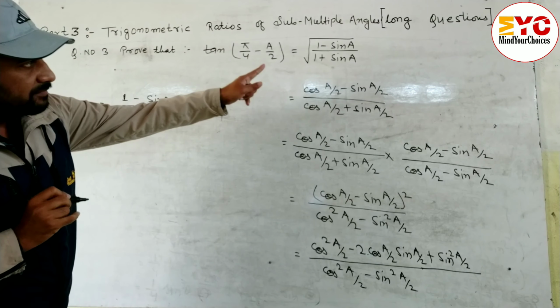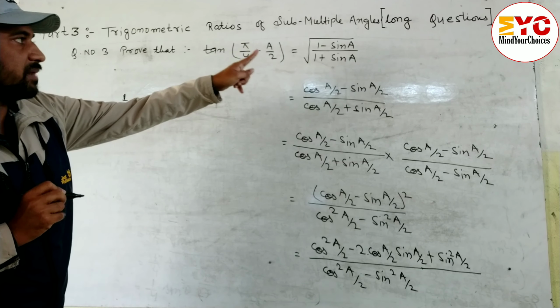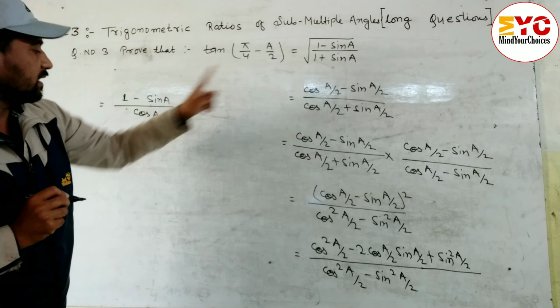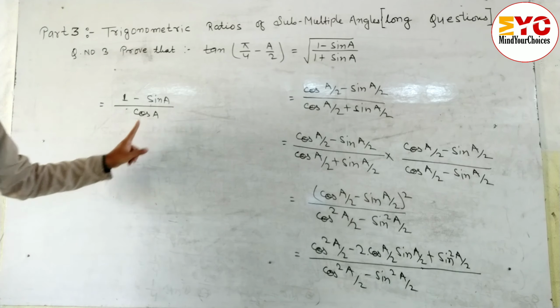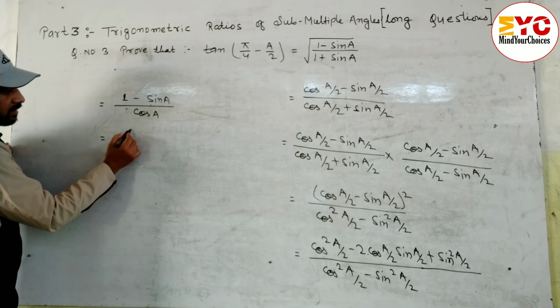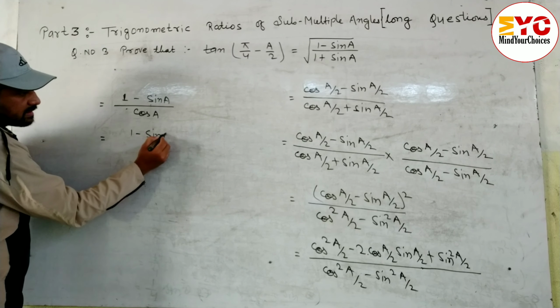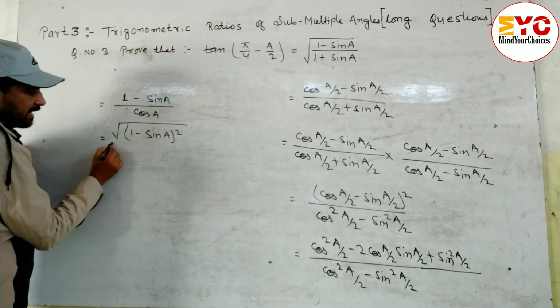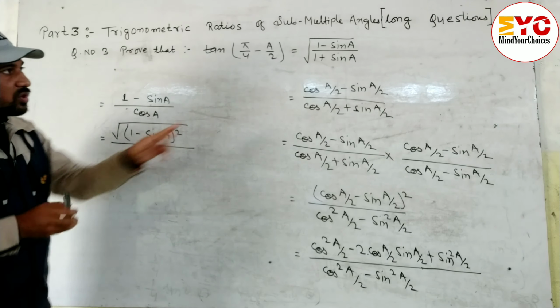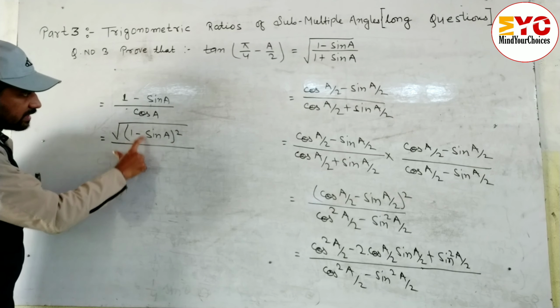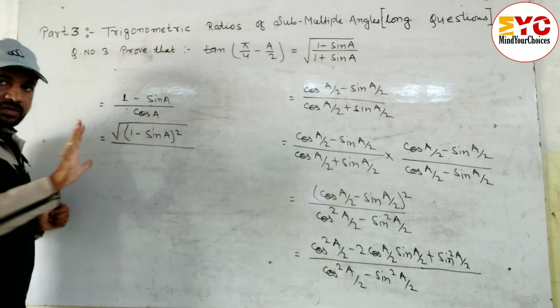What we have to prove, don't forget: 1 minus sin A, which we got here, and 1 plus sin A, and here we have cos A. Now how to convert this into the form of root? We can write (1 − sin A) whole square, and we can give a root. Can we write like this? Yes, we can, because we need a root here. Now square and root cancel, it will be the same, 1 minus sin A. Okay, up to here.